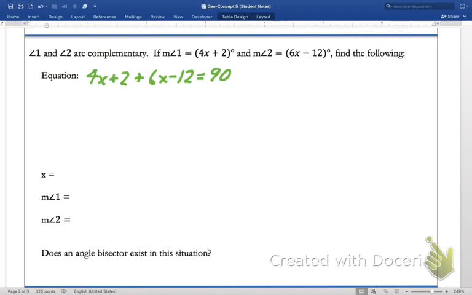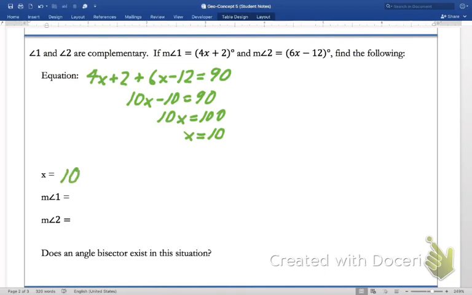So if I work the algebra here, 4x and 6x put together is 10x, and 2 minus 12 is negative 10. That equals 90. I can add 10 to both sides and divide by 10, and I get an answer of 10 for x.